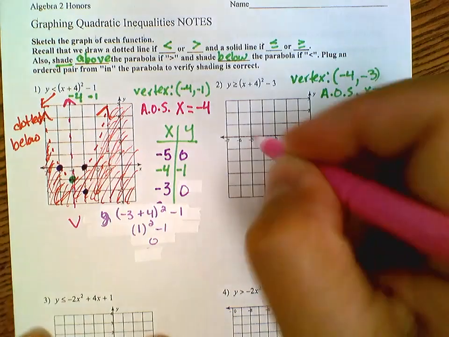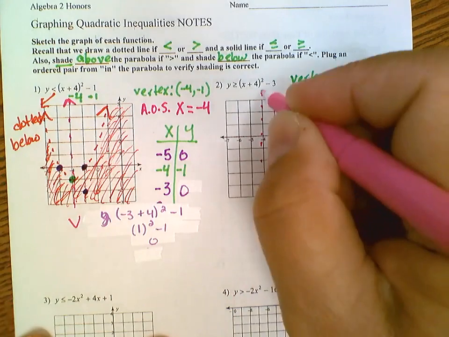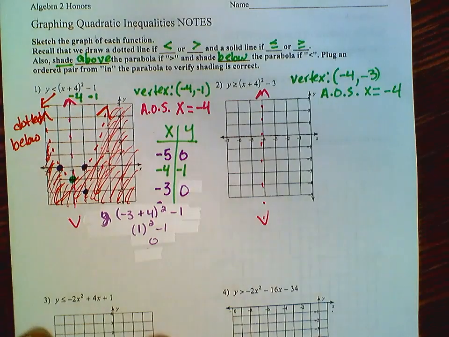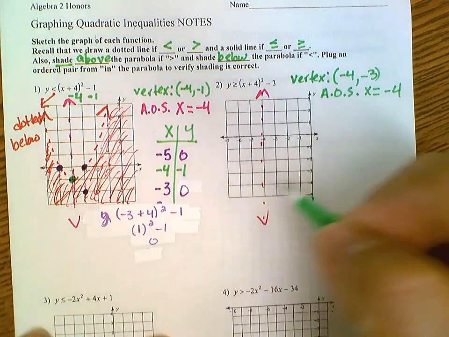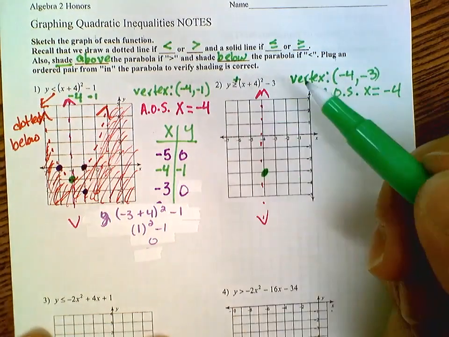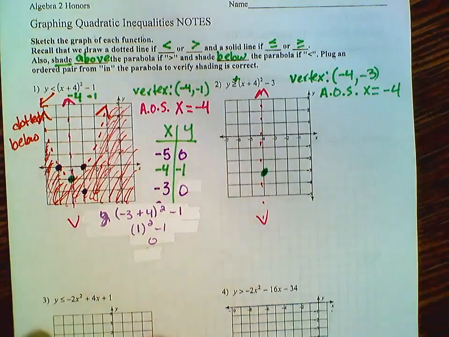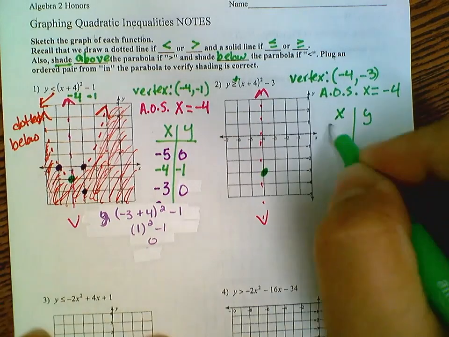So for my axis of symmetry, I'm going through -4 again. And for my vertex, it's -4, -3. And this opens up because it's positive, so I expect it to go that way.